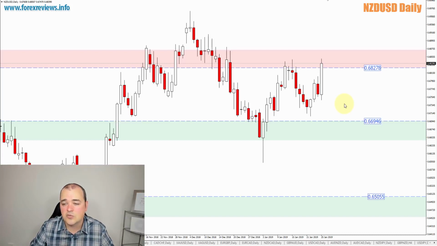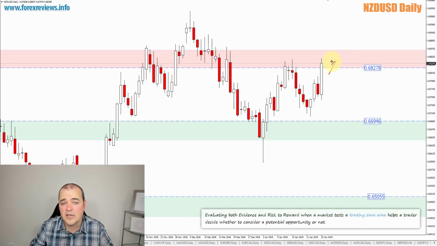And now this market is retesting the 68.27 zone area. What I'd like to highlight on this market this week is that where price is retesting, this is a great area to look for a potential bearish opportunity. Of course, it depends on the price action evidence and how it forms in this important zone, to decide whether to consider an opportunity in this area or not.